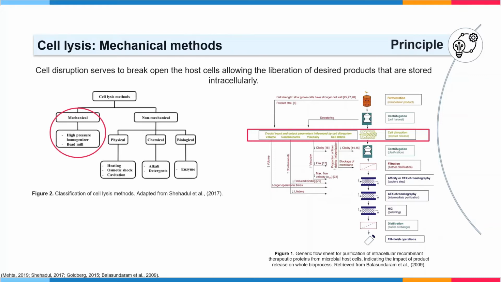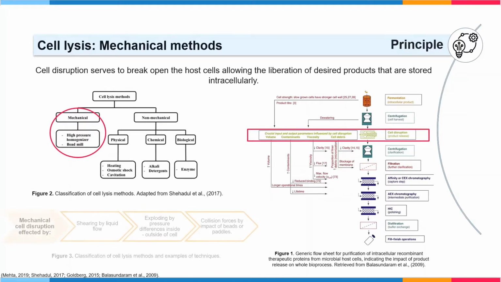The available techniques to do so are broadly categorized into mechanical and non-mechanical methods, which then include physical, chemical, and biological techniques. In mechanical lysis, cell membrane is physically broken down by using shear force. These methods are the most popular for large-scale purposes because of a combination of high throughput and higher lysing efficiency.